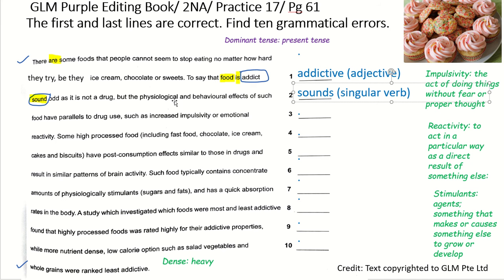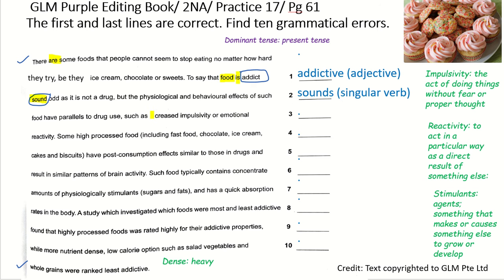But the physiological and behavioral effects of such food have parallels to drug use, such as increased impulsivity, which means the act of doing things without fear or proper thought, or emotional reactivity. Emotional reactivity means to act in a particular way as a direct result of something else. So there are two things here.